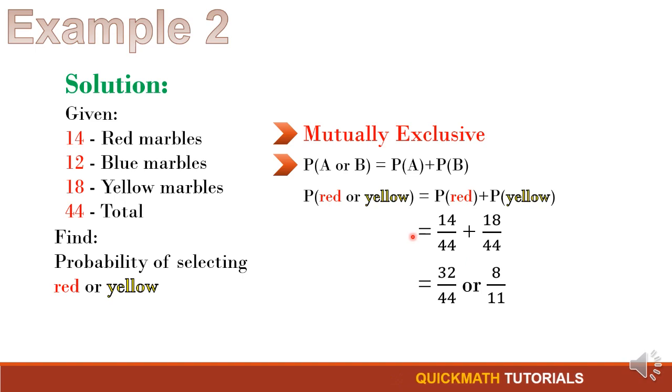So by adding these two, we have 14 plus 18, we have 32 over 44. Or in lowest term, we will divide both sides by 4. 32 divided by 4 is 8. And 44 divided by 4 is 11. Therefore, the probability of selecting red marble or yellow marble is 8 over 11.